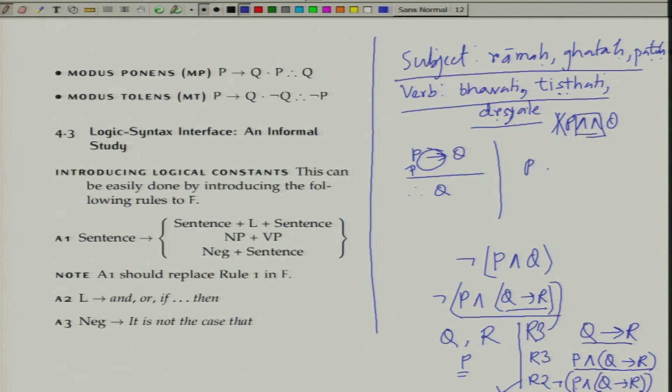Once again it is established that if it rains, the soil gets wet, and somebody comes and tells me that the soil is not wet, which definitely implies that therefore it is not raining, because if it rained, the soil would definitely get wet. Because the soil is not wet, we conclude that it is not raining. This is called modus tollens.